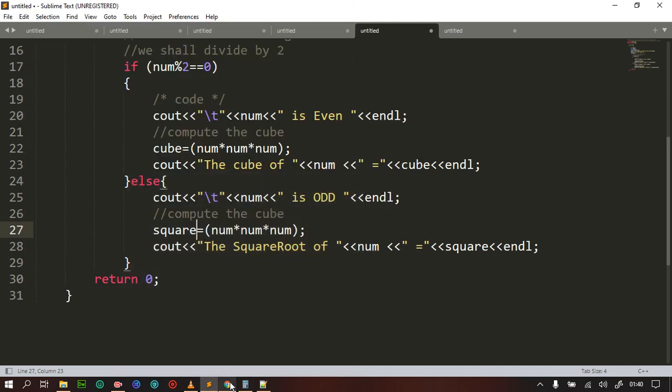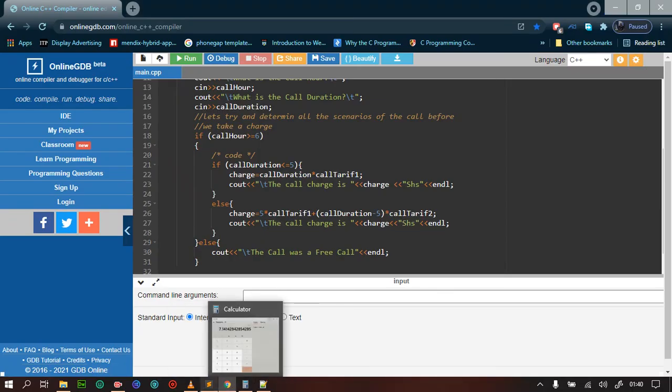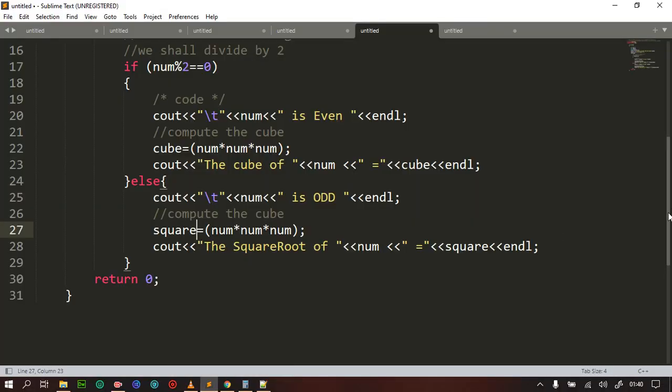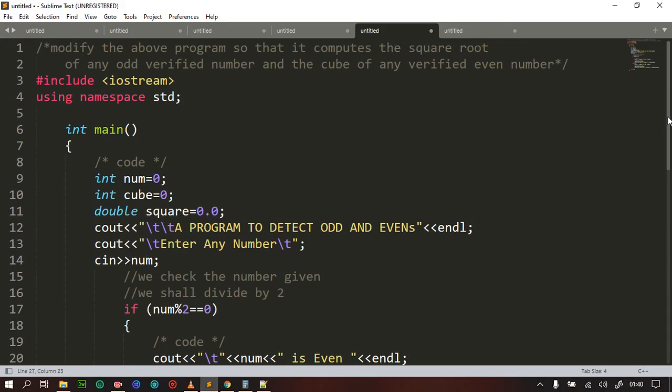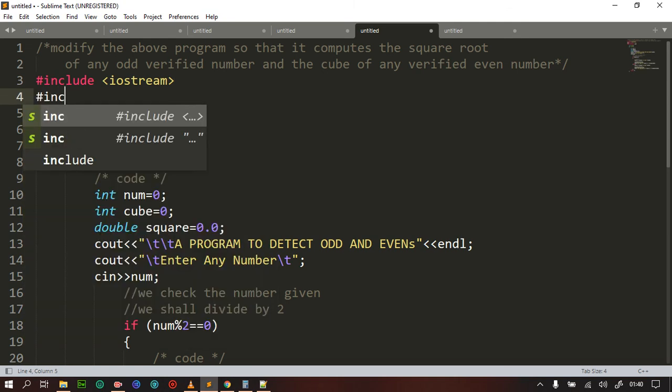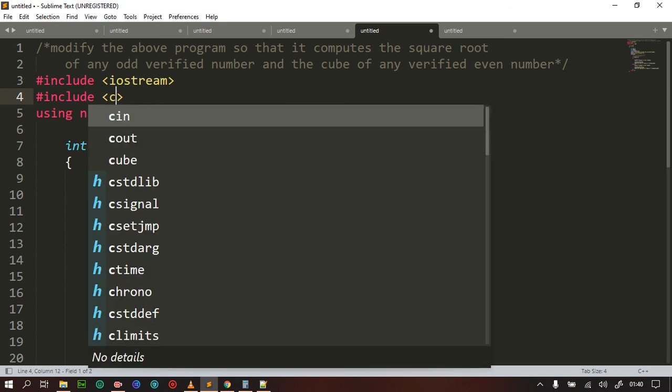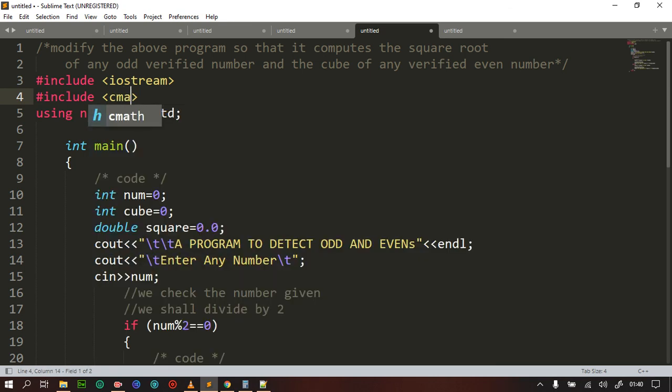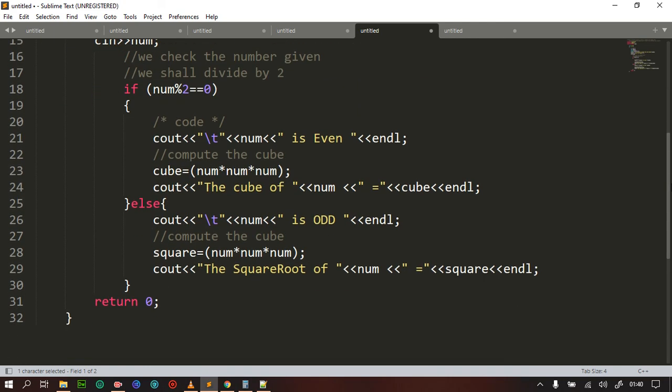So what C++ does, definitely we shall talk about more details in the future, but it has a library that will allow you to do such mathematical computations without wastage of time. It's called the cmath. Why is it called C? Because it is borrowed from the C language.